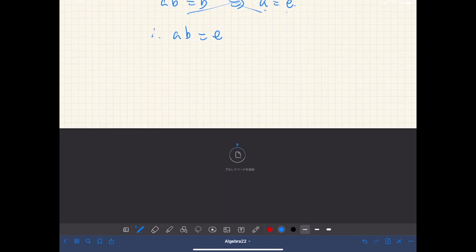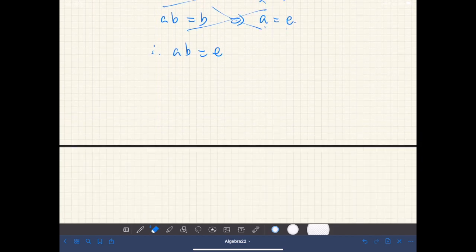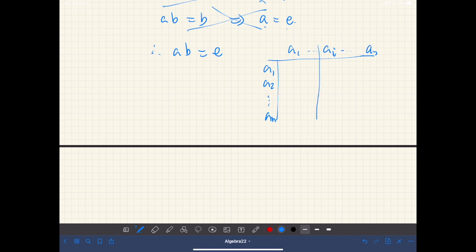So let's say in general, we have n elements again, A1, Ai, An. For this column, we have A1 times Ai, A2 times Ai, and so on, An times Ai.